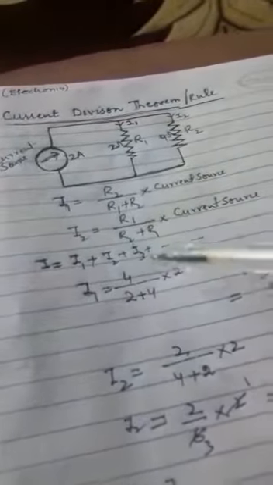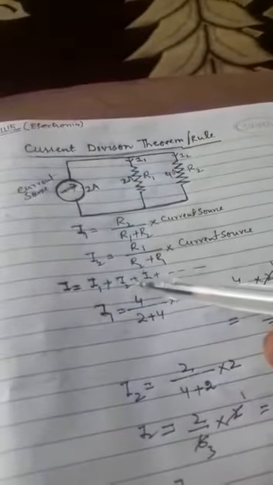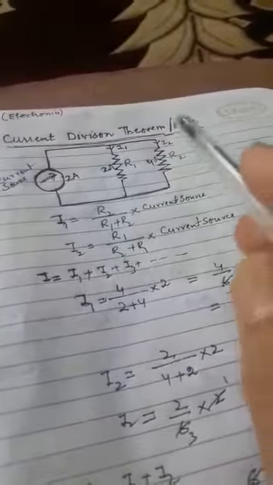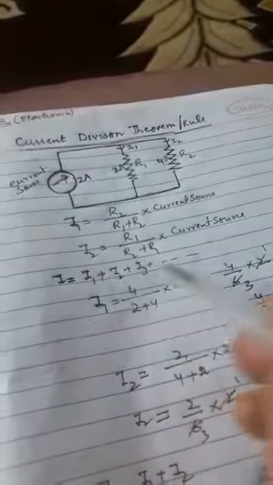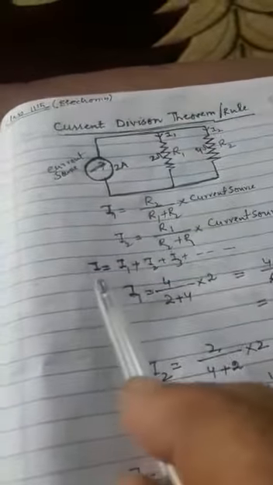You may have also read it in class 10th. When we connected resistors in parallel, we have I is equal to I1 plus I2 plus I3.